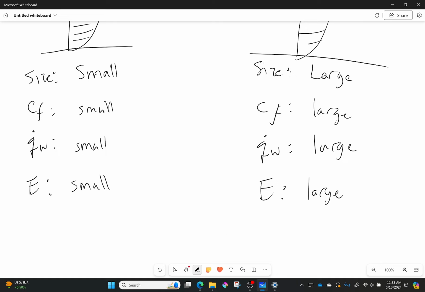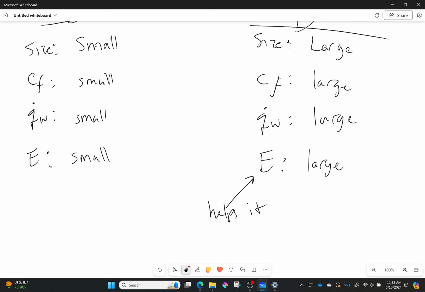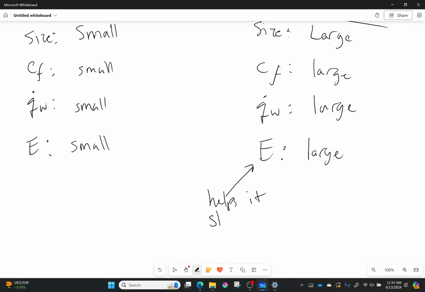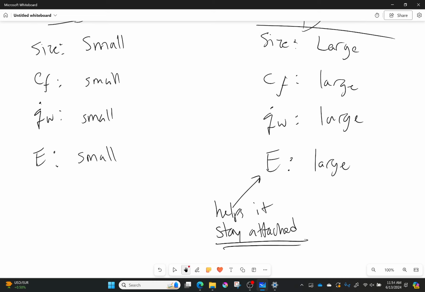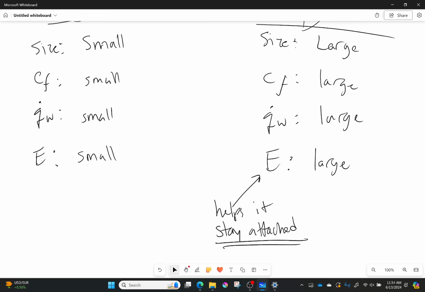I'm simply saying this helps it stay attached, so there is some good to having a turbulent boundary layer. Everything is bigger when you go from a laminar to a turbulent boundary layer.